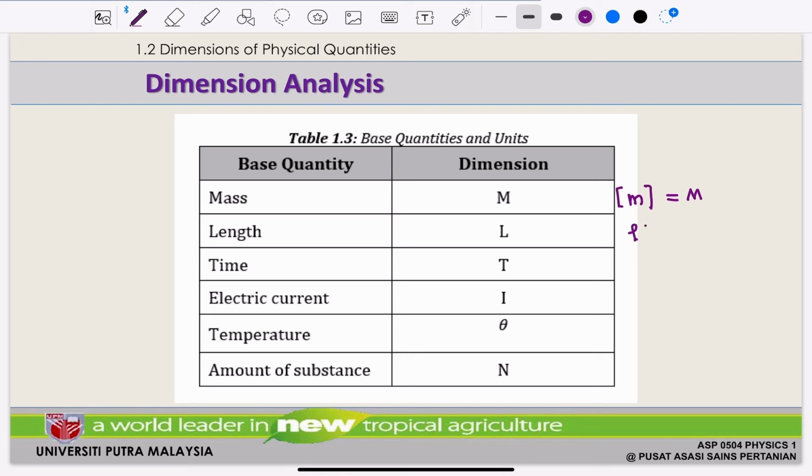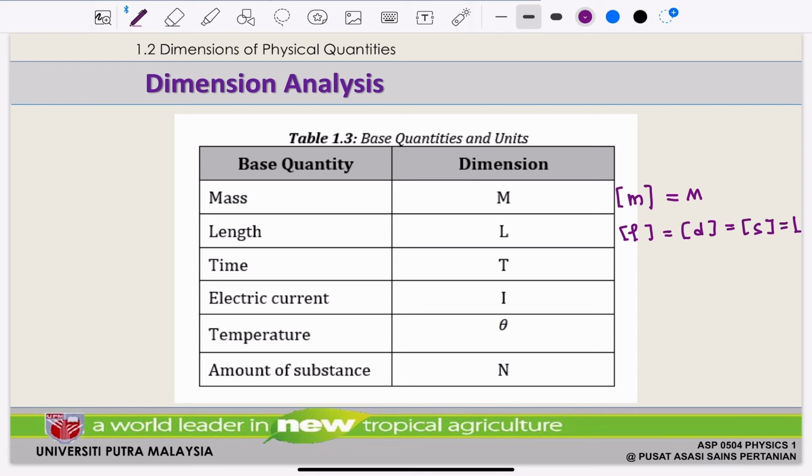Anything. Kita ada small l, kita ada distance, kita ada displacement. All of this, its dimension symbol is capital L. Okay. When we put it as a symbol, we need to put a square bracket to state that it is dimension. But when we put it as its own symbol like capital M and capital L, you don't have to put the square bracket.